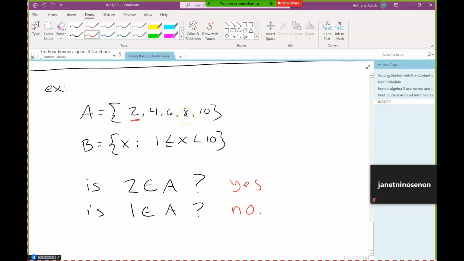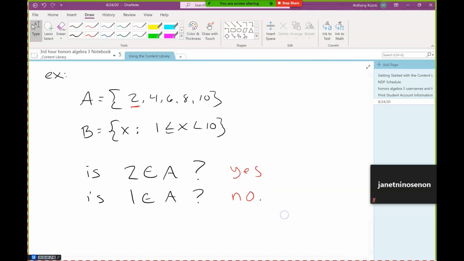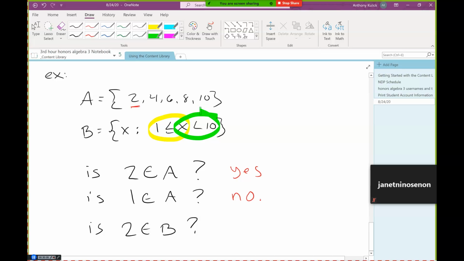Even though the 1 is in the digit for 10, we know that that's not the same thing as the number 1. So a digit is different than a number, right? Okay. Is 2 a member of B? Yes, right? Because 2 is greater than or equal to 1, and 2 is also less than 10.